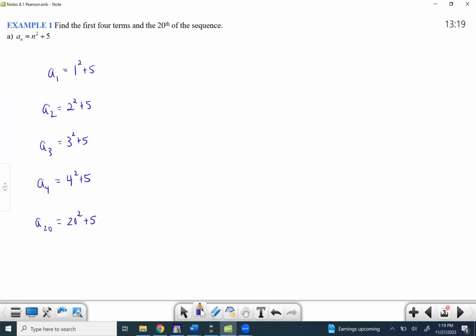Okay. So 1 squared is 1, and 1 plus 5 is 6. So basically, you would say a sub 1 is 6. Then a sub 2, the second term, the third term, the fourth term. For the next one, 2 squared is 4, and 4 plus 5 is 9.